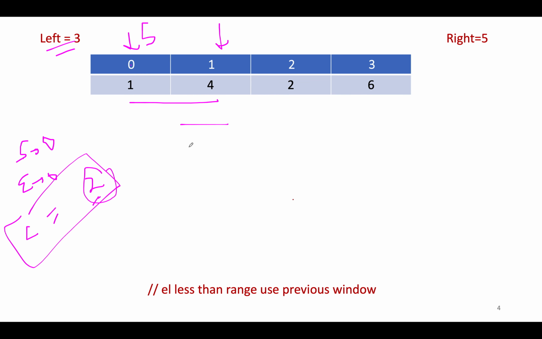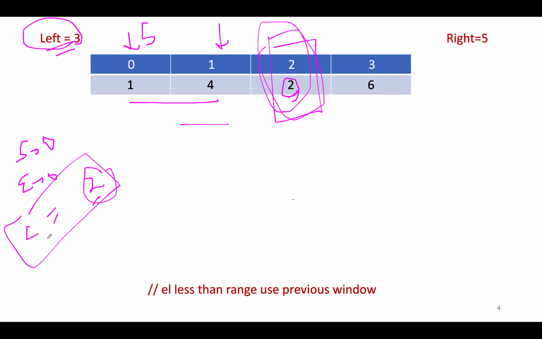The count becomes 2. Now hypothetically assume that the next element that we have is 2. How many sub-arrays can be generated, 2 included, that are part of the answer set? So let's first of all check whether 2 lies within the range of left comma right or not. It is lower than left. So what we are going to do is blindly add whatever the previous window size was to our answer set.